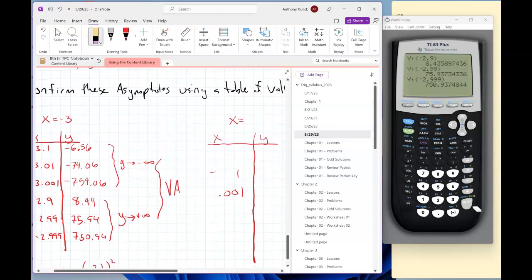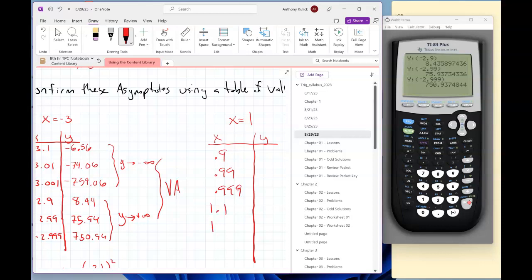Oops-a-daisy. Erase those. That was positive 1. So something smaller than it would be like 0.9, and then 0.99, and 0.999. And then bigger than it would be 1.1, 1.01, and 1.001. Oops-a-daisies. Sorry about that.